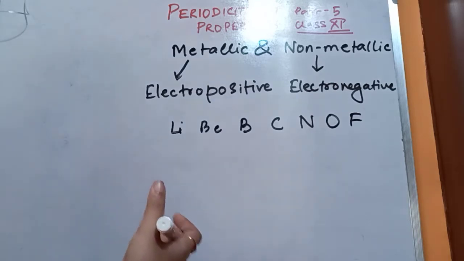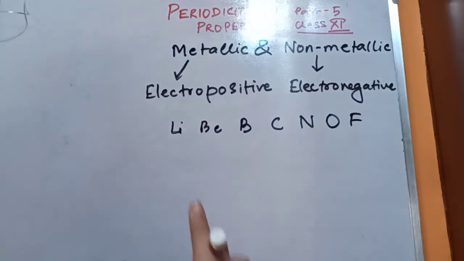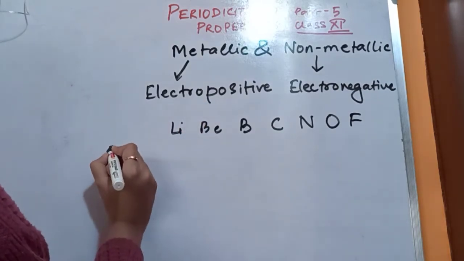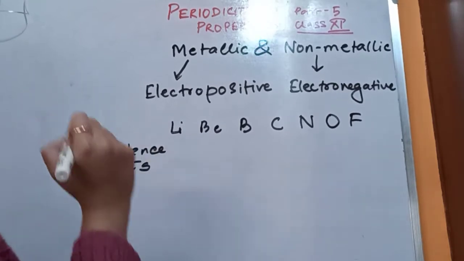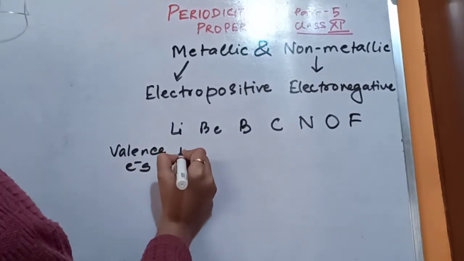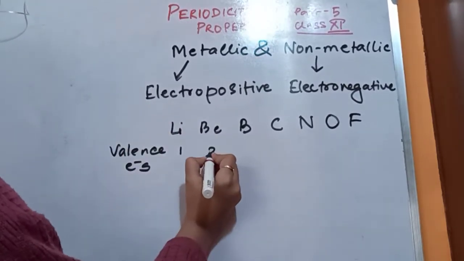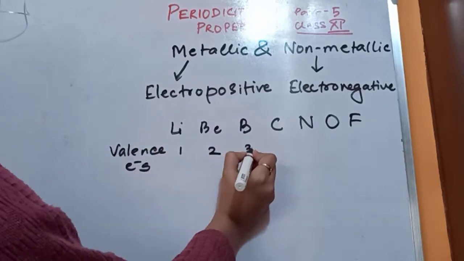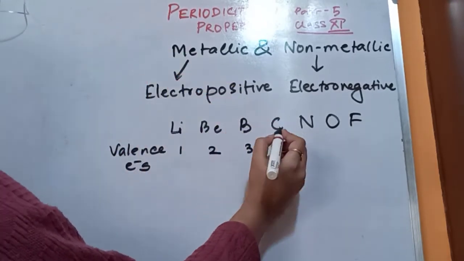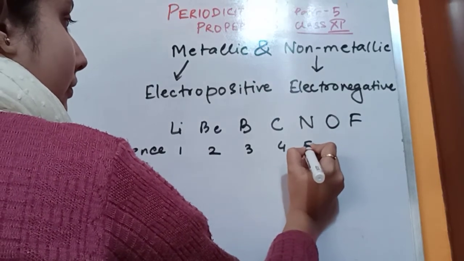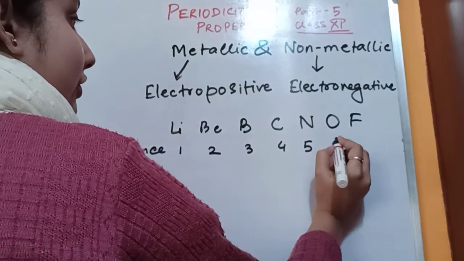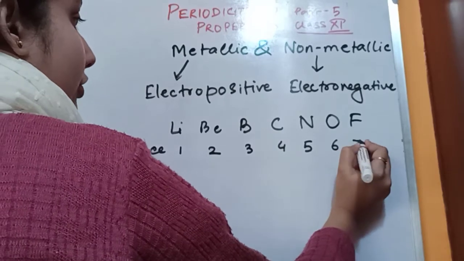Valence electrons are the electrons present in the outermost shell. Lithium has 1 valence electron, beryllium has 2, boron has 3, carbon has 4, nitrogen has 5, oxygen has 6 and fluorine has 7.